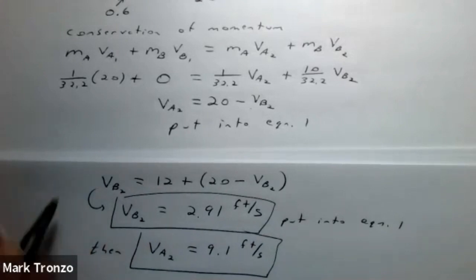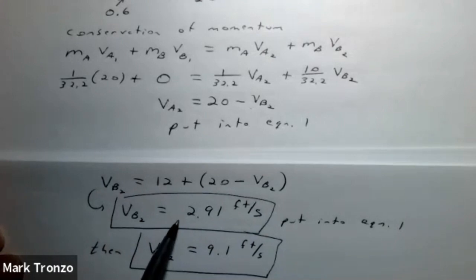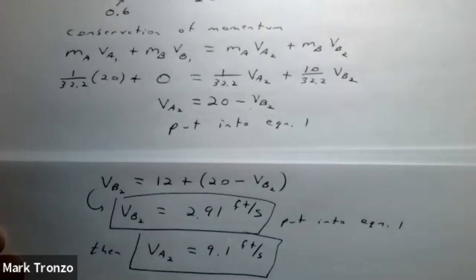So actually, I guess that was really step 1 and 2. So we found the impact. Actually, it looks like they're both moving to the right because they're both positive. So after impact, let's see. Wait a minute.